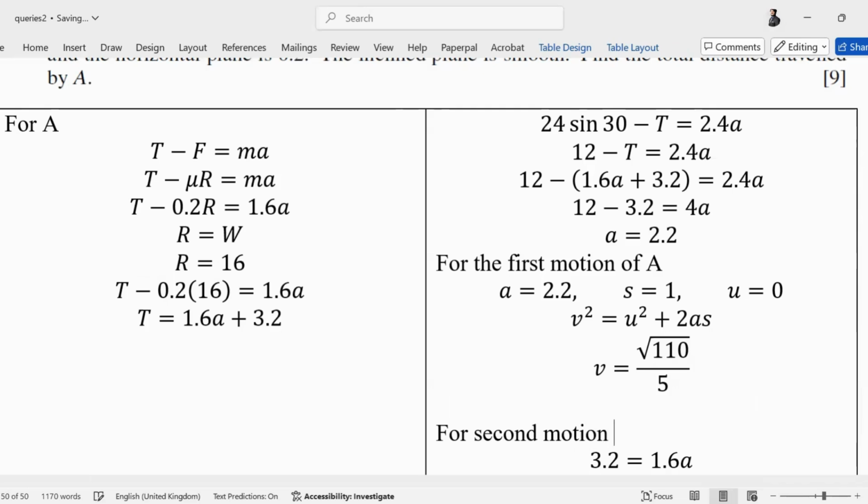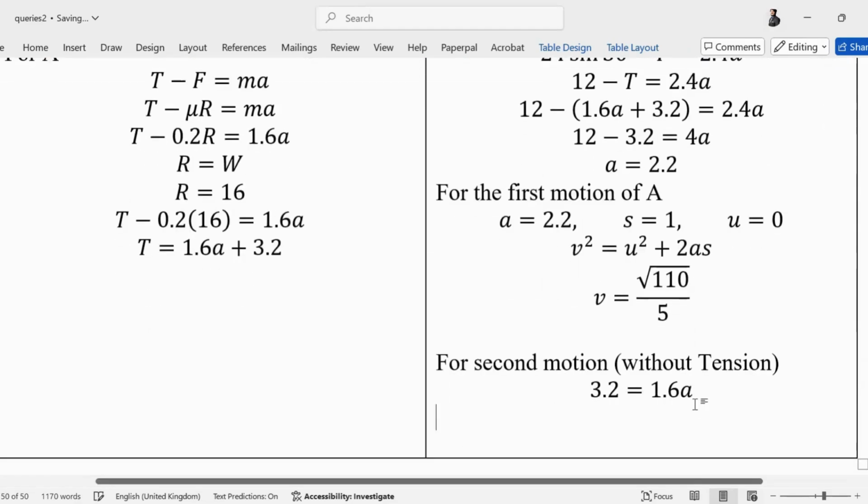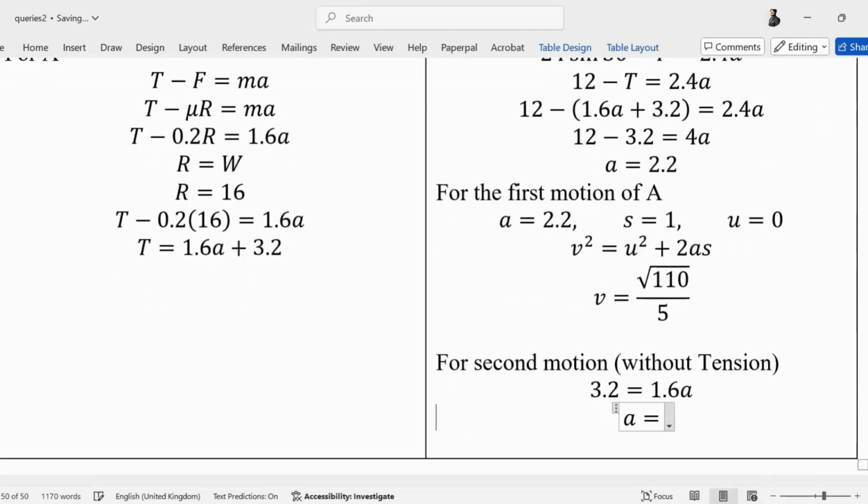Second motion, without tension as the string becomes slack. So can you find a? a will be 2. But remember, this a will be deceleration because the motion is towards right and friction is acting towards left. It will cause the object to slow down.